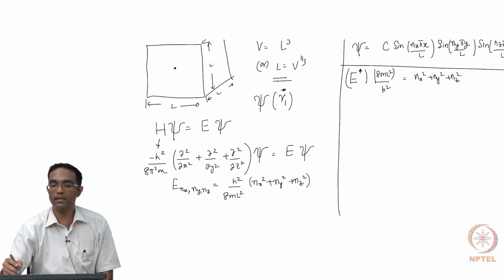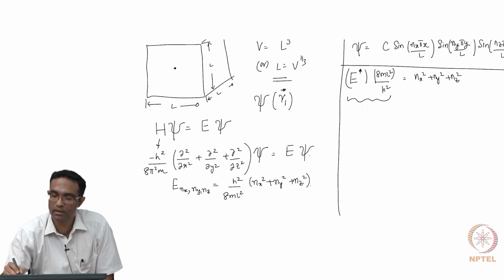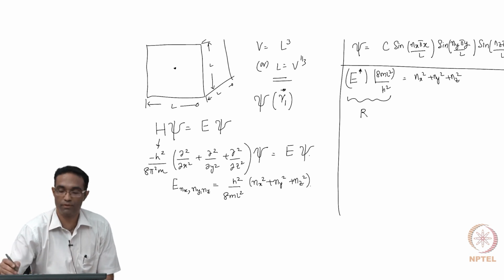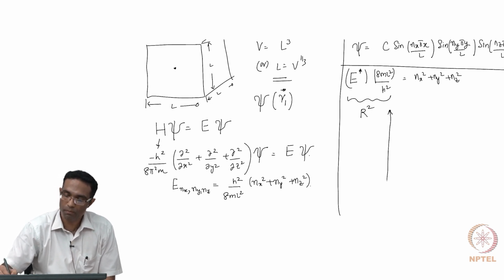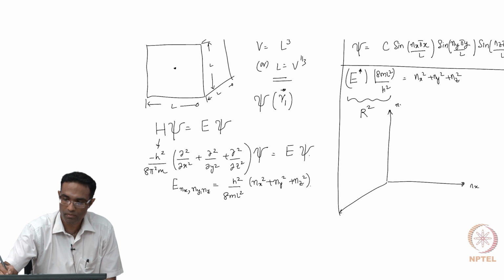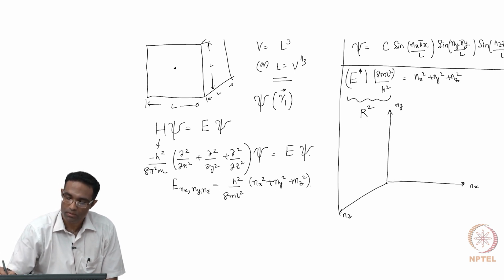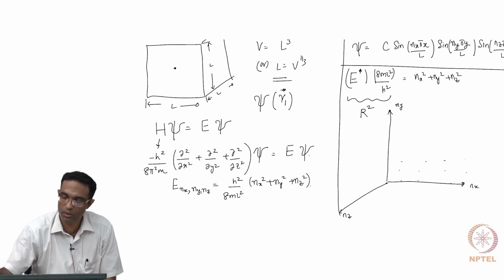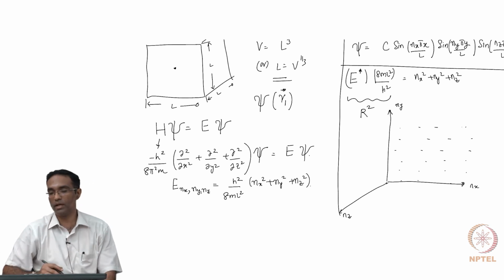right, and then said that if we were able to look at this value as the radius of a sphere, radius of a sphere squared, then we can actually plot a large number of equispaced points in nx, ny, nz space, right?